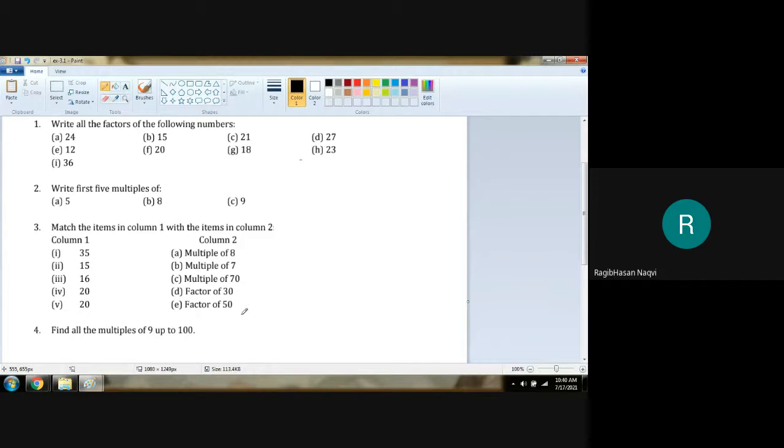Sir, 7. Multiple of 7. 35 comes in the table of 7. Yes, sir. So 15 is what? Can I say factor of 30? Yes, sir. 16 is what? Multiple of 8. Yes, sir.